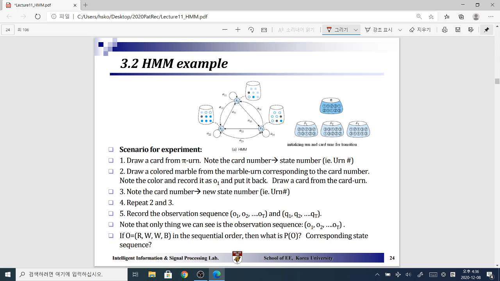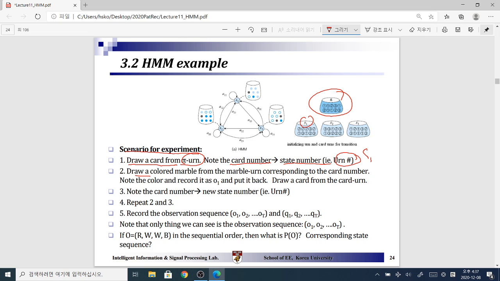So Rabiner described it in terms of taking an experiment, which is exactly what I just described. For example, you draw a card from the pi urn, the initial probability urn, and note the card number, and that would be the state number. So if it says, say, number 1, that would be state 1.